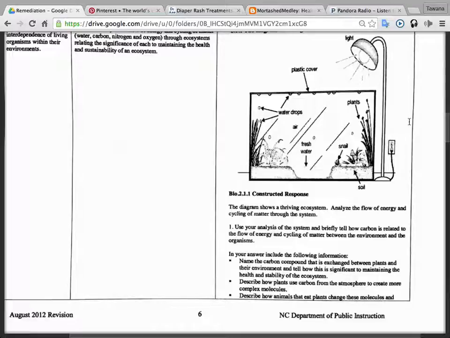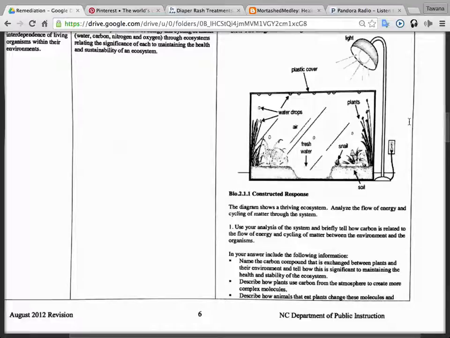Who takes it in? You do. What is that process called when you're taking in oxygen to create carbon dioxide? What do you have to do every day? Breathe. What's another word for breathe? Respiration. So what other process is here?